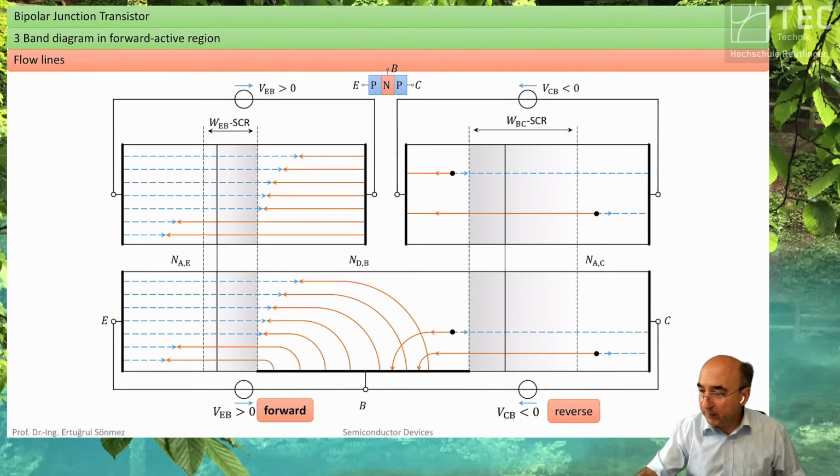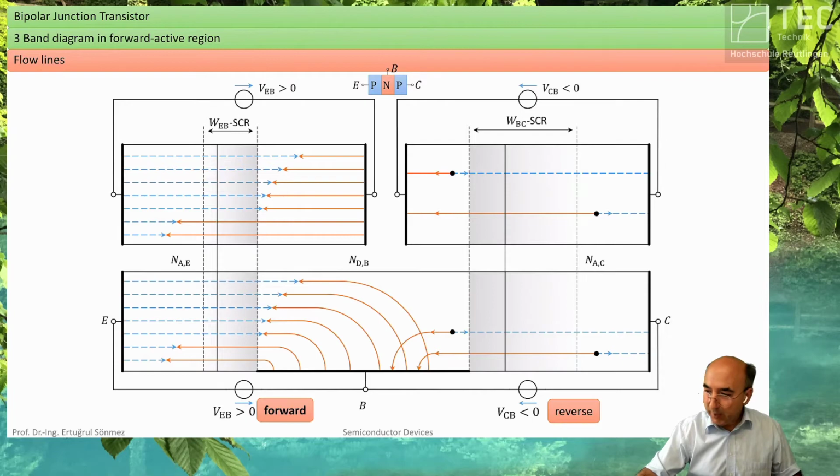Your flow lines, the holes come in here. From the base, the electrons come in here and recombine, and you have a classical p-n diode. The thermally generated minority carriers are separated and make a saturation current in the reverse bias diode, and nothing special happens.